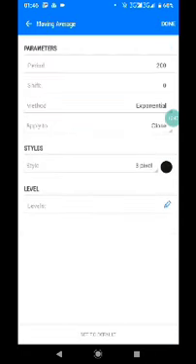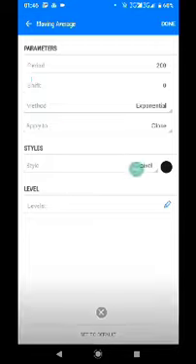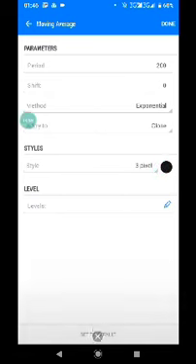So this is the moving average, our normal moving average to tell us the trend. The period is 200, the shift is 0, the method exponential, apply to close, 3 pixel, then you use black, or you can use any color of your choice. Okay, then you click done.